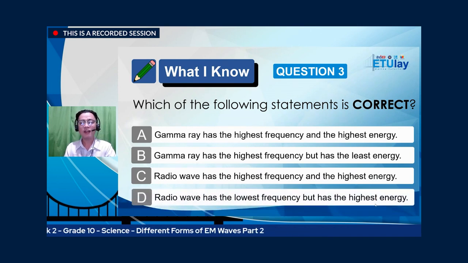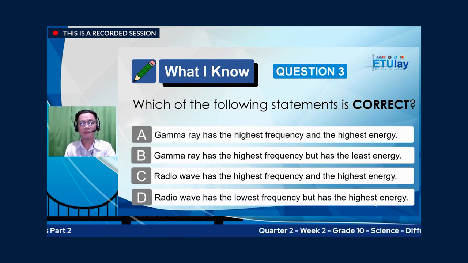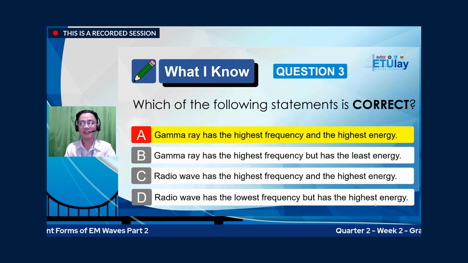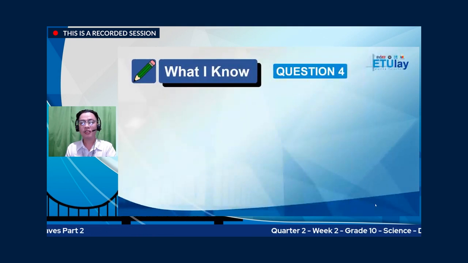Or D, radio wave has the lowest frequency but has the highest energy. Let me count again. 5, 4, 3, 2, and 1. Kung ang sagot mo ay letter A, gamma ray has the highest frequency and the highest energy, ikaw naman ay fantastic.